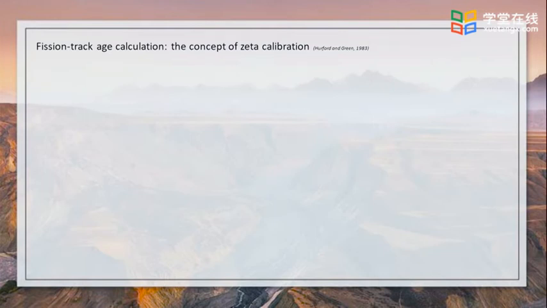The zeta age calibration approach was adopted to determine the fission track age. The general age equation of radiometric dating is this equation. The fission track age equation is a modified form of the above equation.